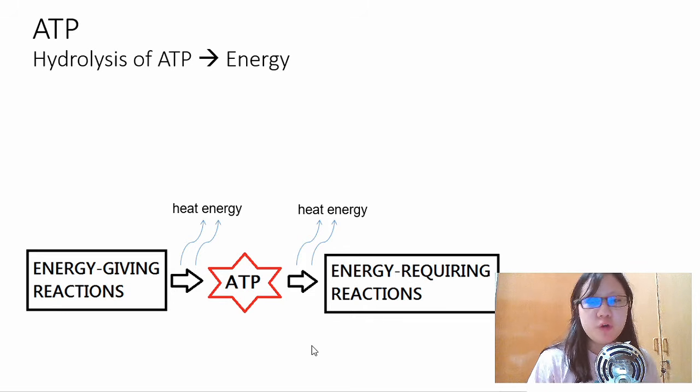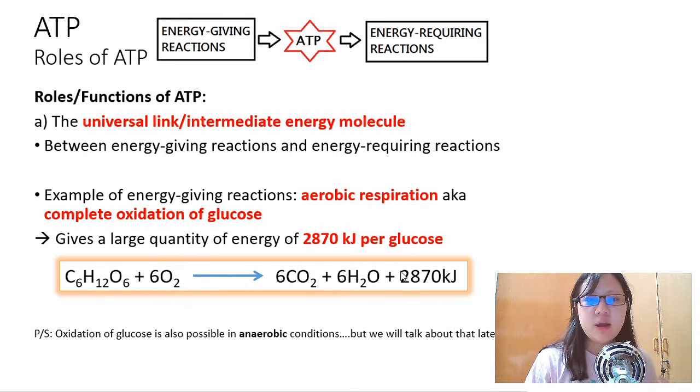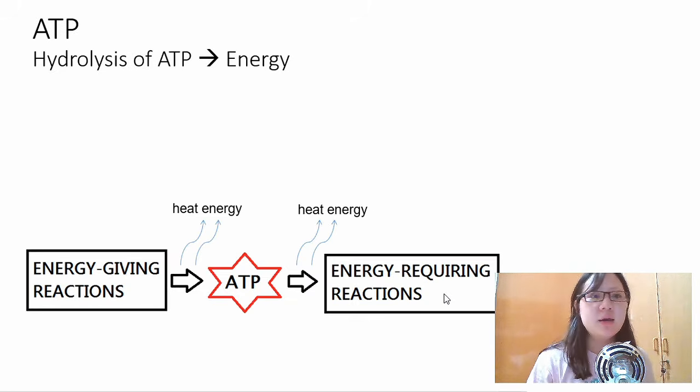Okay, before we move on to more roles, I think it's also important to realize that even though this reaction can produce 2870 kilojoules per glucose molecule, it's not 100% yield.